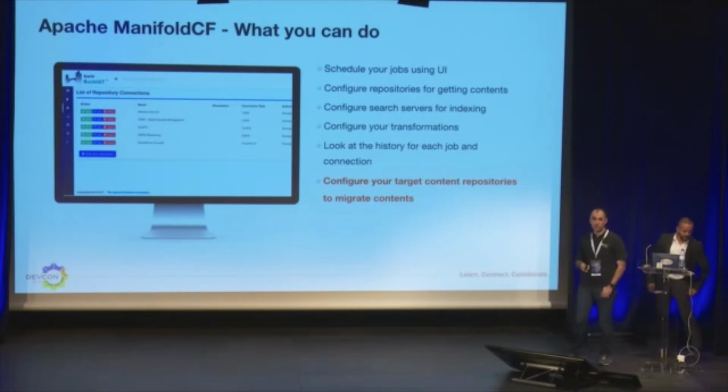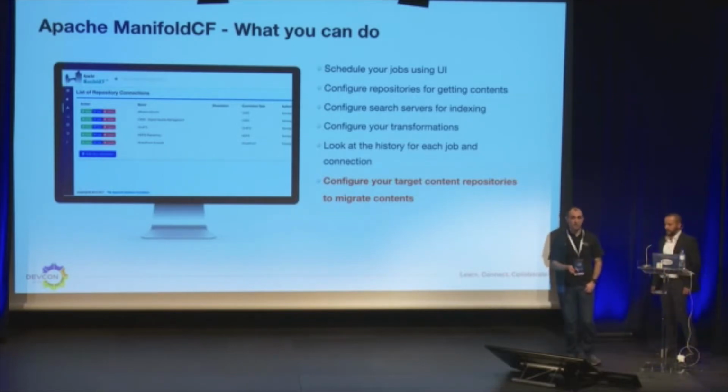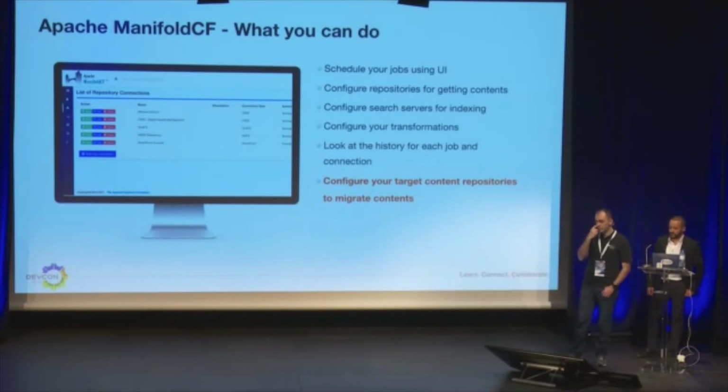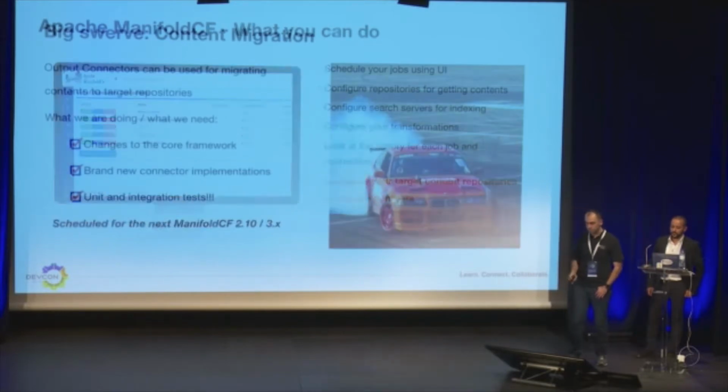But now you can configure, because this is the new work that we have been doing during the last year, together with Luis, your content repositories as the output of the framework. So you just configure your connector, and Manifold will migrate contents using the same scheduling architecture.